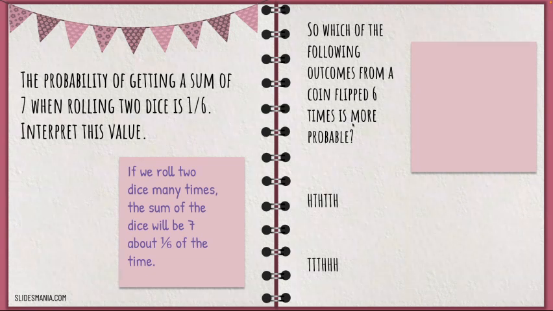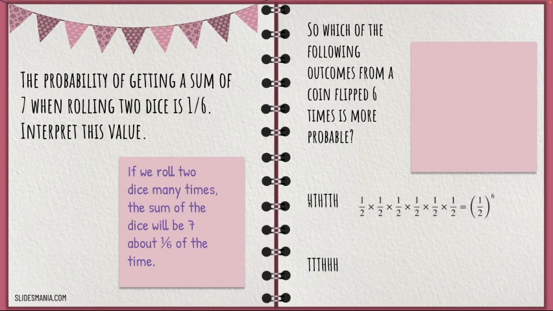Which of the following outcomes from a coin flip 6 times is more probable? So let's look. It says heads, tails, heads, tails, tails, heads. Even though it's kind of alternating a little bit, you still have 1, 2, 3 heads, 1, 2, 3 tails. But every coin flip is independent, and half of the time it'll get you heads, half will get you tails. So the way you determine the probability is you multiply the probabilities together.